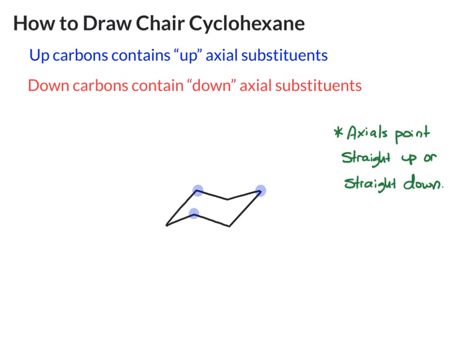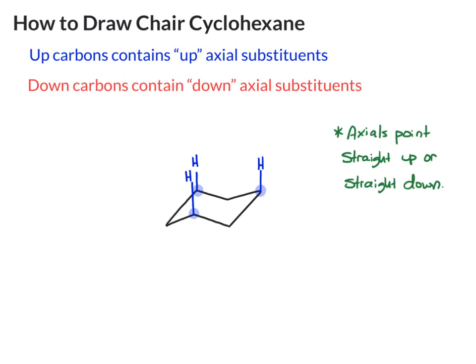When we draw in the axial hydrogens, those should go straight up. So I draw a bond straight up, put the hydrogen in. Draw a bond straight up, put the hydrogen in. Draw a bond straight up, and put the hydrogen in.